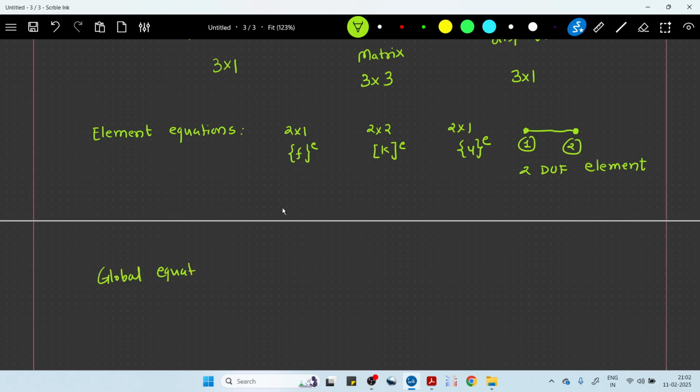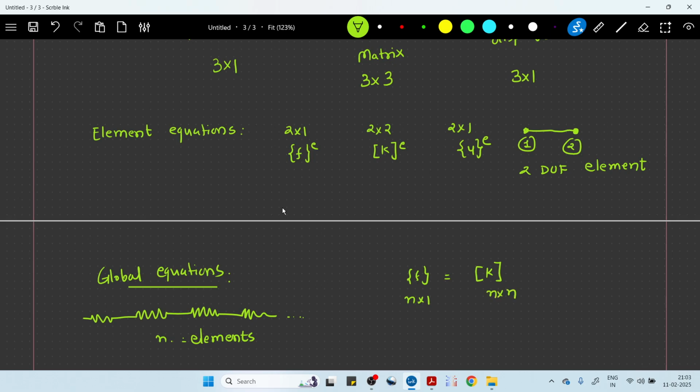If we discretize into, let's take n number of elements, our global equations will be: force vector n by 1 is equal to the global stiffness matrix, which will be of size n by n, times the displacement vector, which is also n by 1 size.